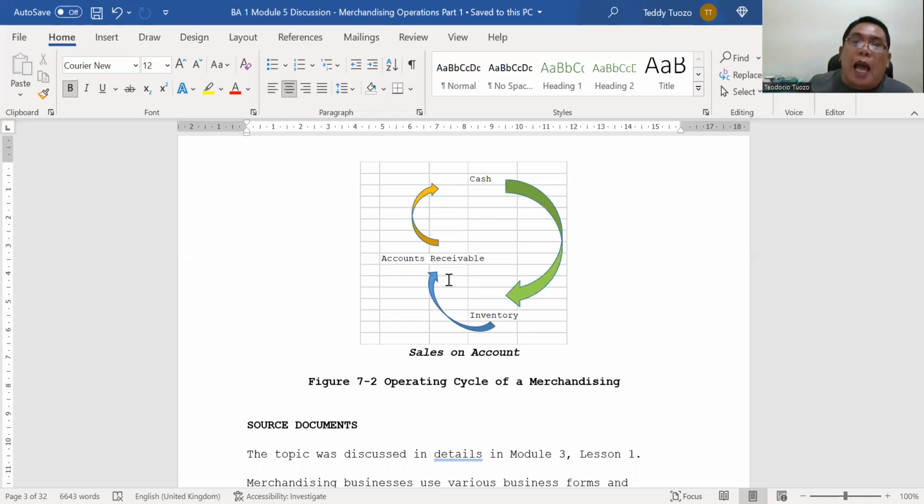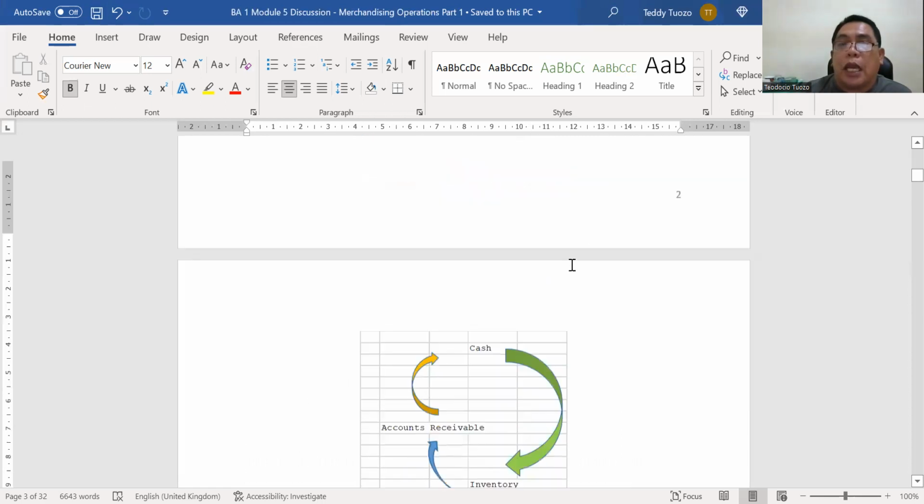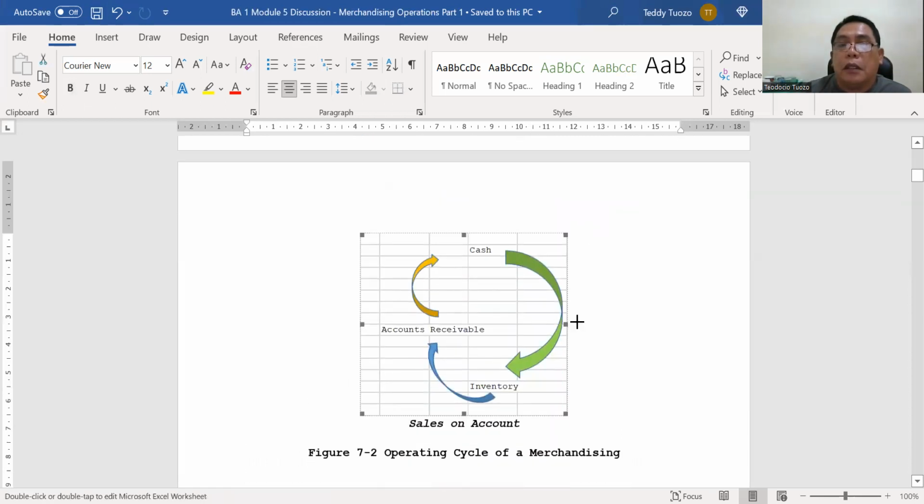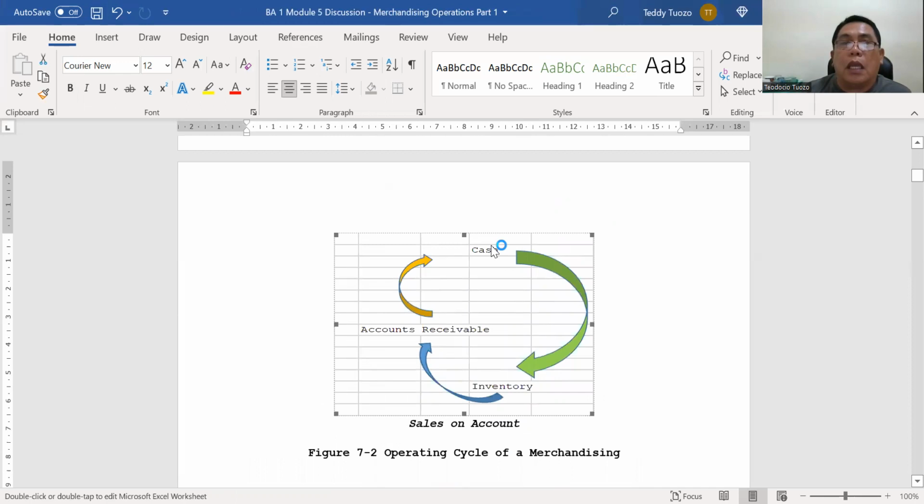Okay, so from cash, of course, we buy goods, those purchases from earlier. Those goods are placed in inventory or are available for sale. And then when it is sold on credit or on account, it becomes an accounts receivable account, which is a current asset account.